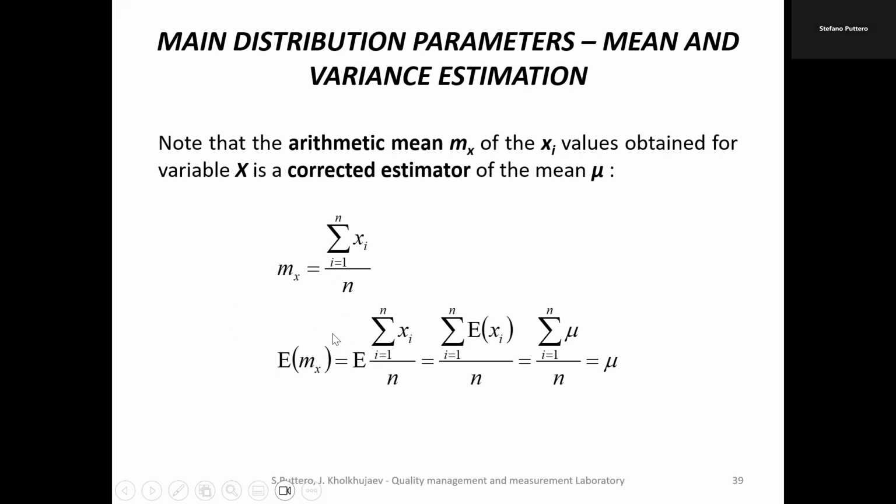So if we calculate the expected value of the arithmetic mean, so mx, by using the formula, we obtain that the expected value is equal to mu. So what we are estimating by using the arithmetic mean. Okay, this is why mx is a corrected estimator.